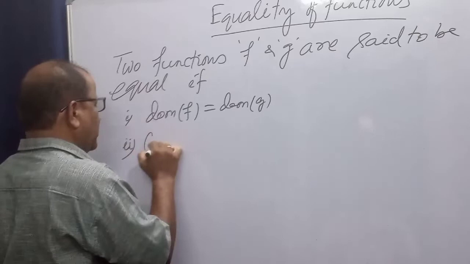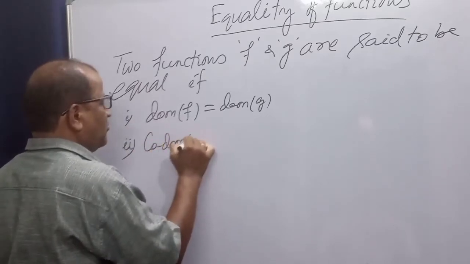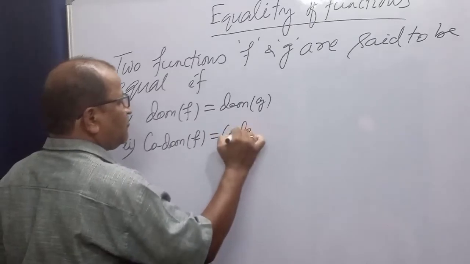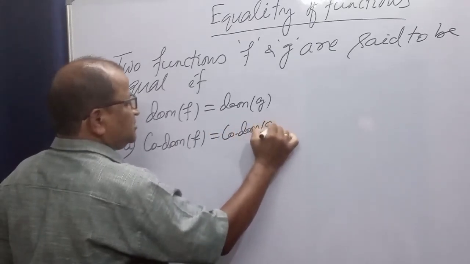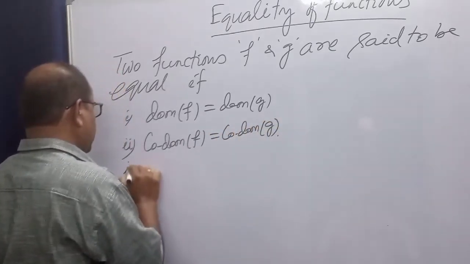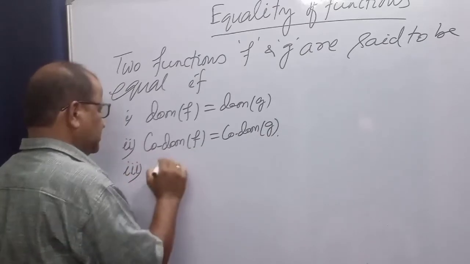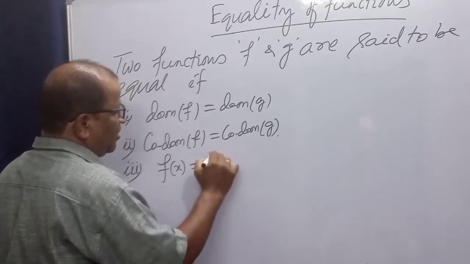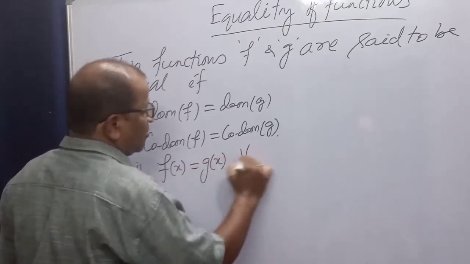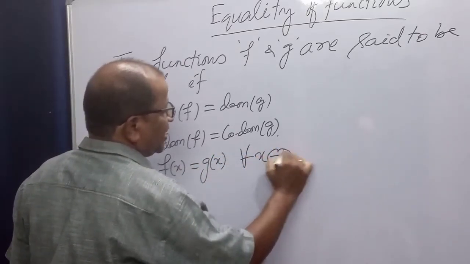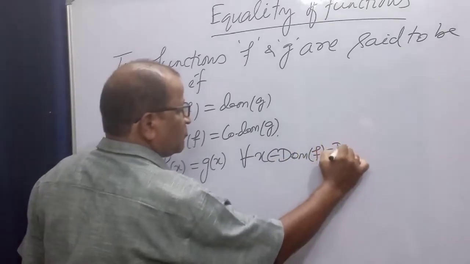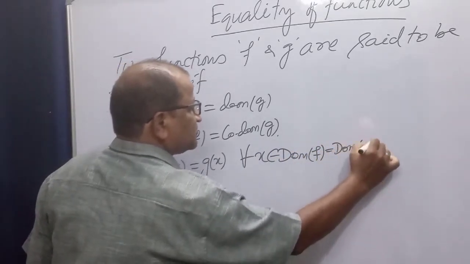Number two, the codomain of f should be equal to the codomain of g. And number three, the expressions are equal: f(x) is equal to g(x) for all x belonging to their domain, domain of f, which is equal to domain of g.